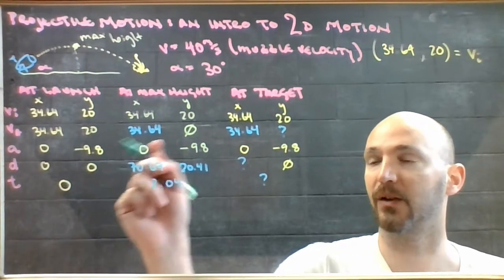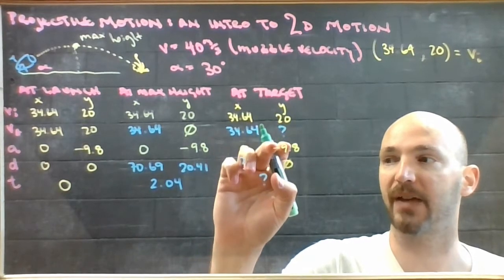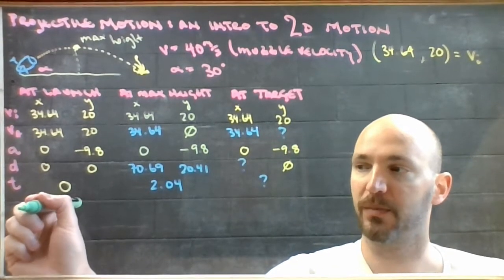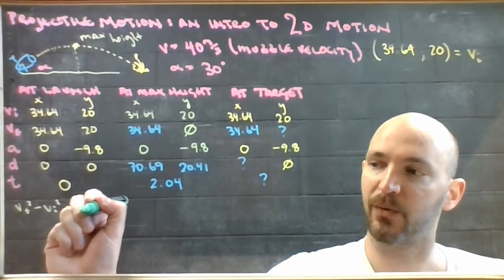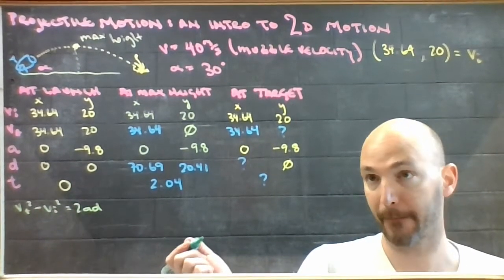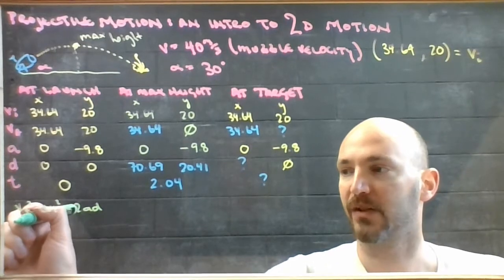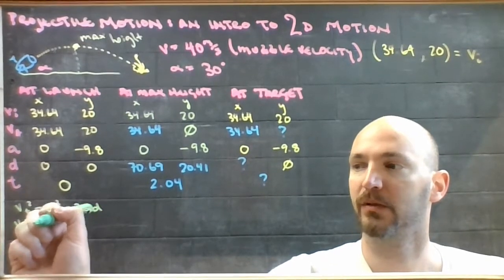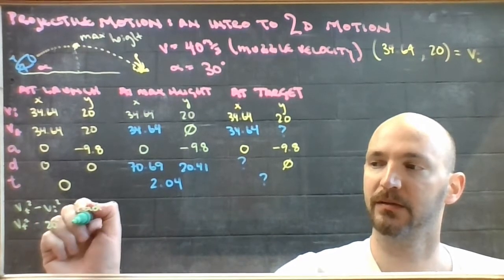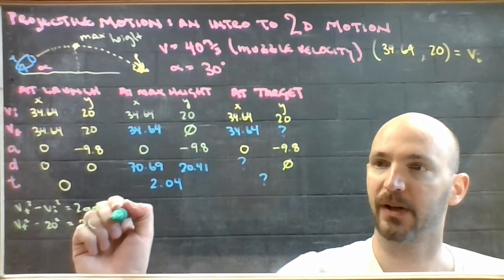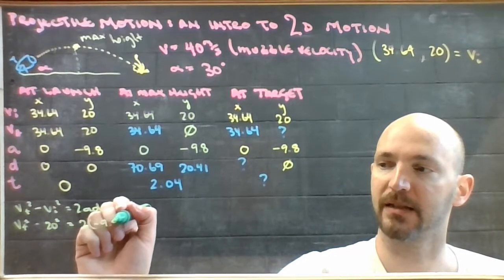Alright, so the equation that connects VI, VF, A, and D would be VF squared minus VI squared equals twice acceleration distance. VF squared, I don't know. VI squared is 20 squared. Acceleration is negative 9.8.